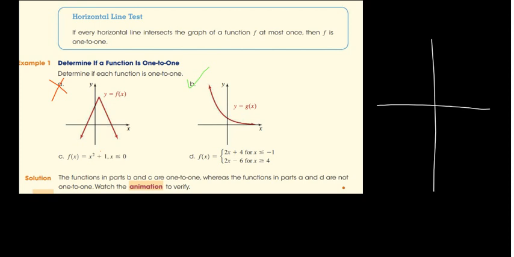Okay, so let's go ahead and just graph that just for the sake of it, right? So we do this, and right away we know that, nope, this is definitely not a 1-to-1 function because it's a parabola, right? It is a square function. But look at the domain there. The domain is saying that we will only use the x values that are less than or equal to 0.